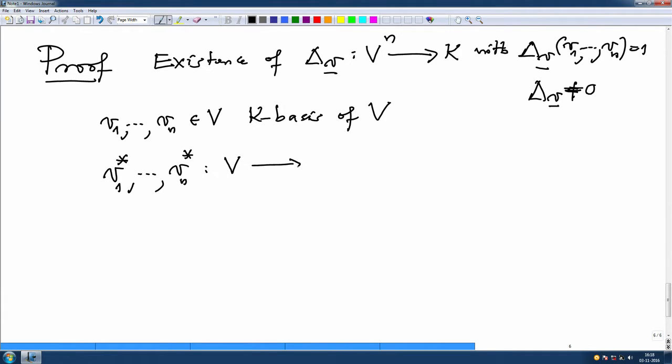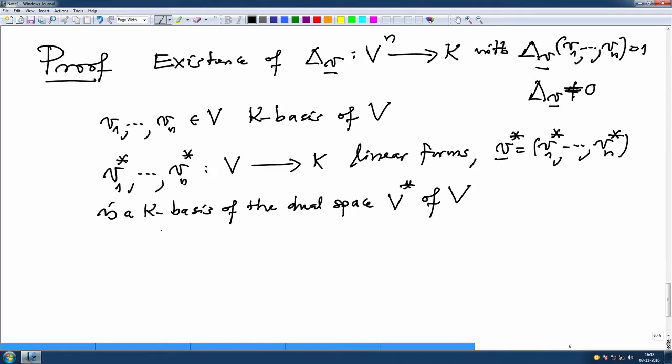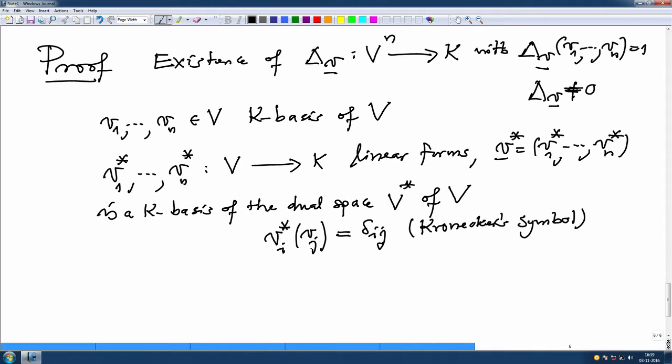They are linear forms on V, and they form a k basis of the dual space V star of V. And remember, their defining equations are Vi star evaluated at Vj is precisely delta ij, the Kronecker symbol.